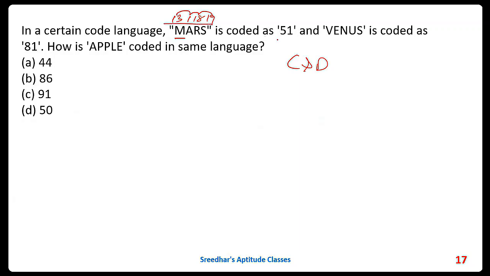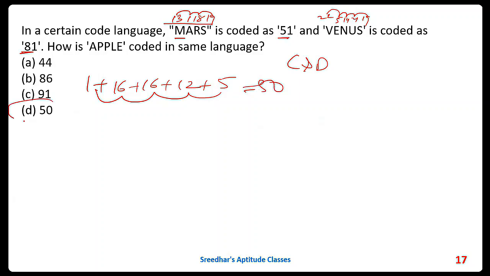Similarly, Venus: V22, E5, N14, U21, S19, on adding all these, 81. That's what is given here. So Apple: A1, P16, P16, L12, E5, on adding, 50. So the answer is option D. It's just adding all the letters in the word to get the code. Another straightforward question. Next question.